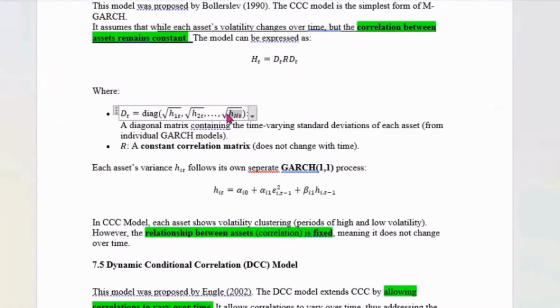But what we are interested in is this R. This R represents the correlation, and we are saying that this R is a constant correlation matrix.